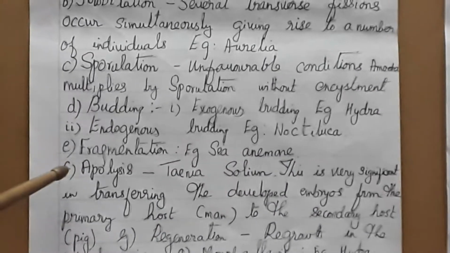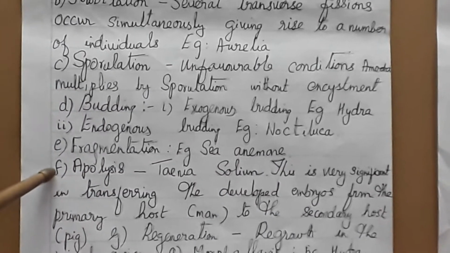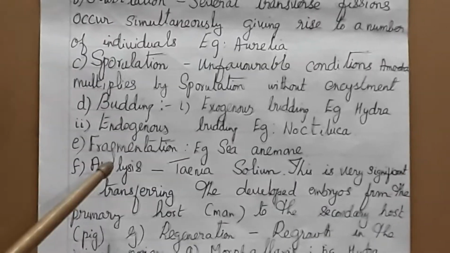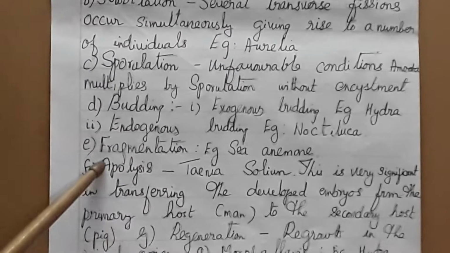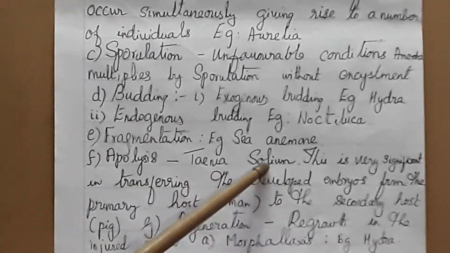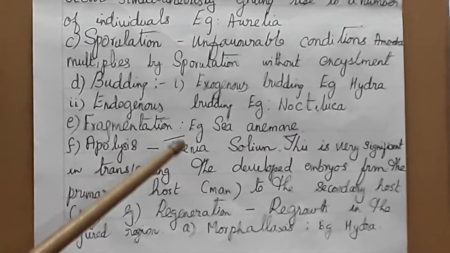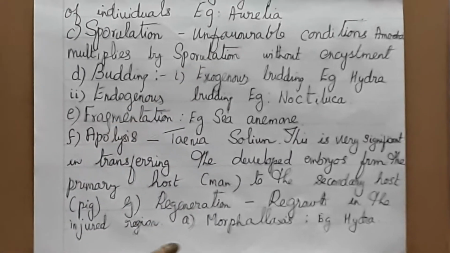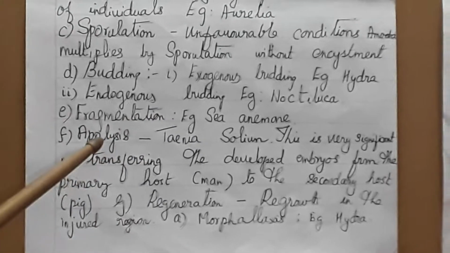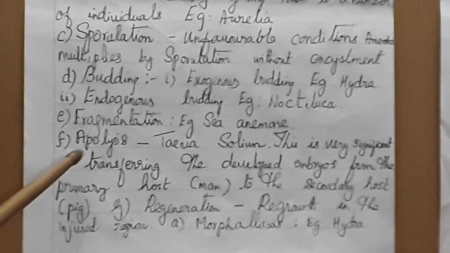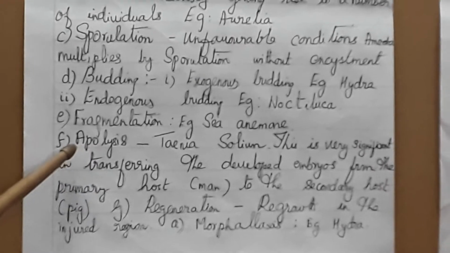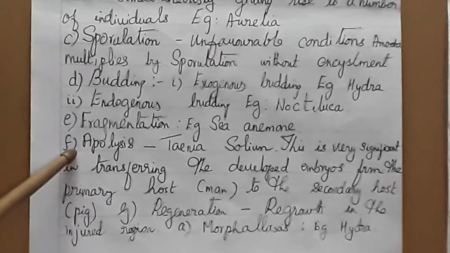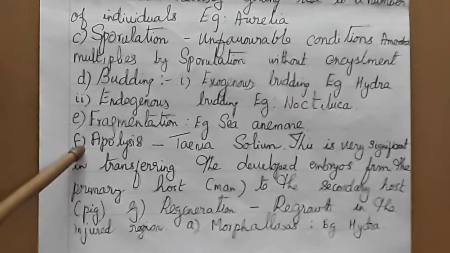The next type of reproduction is apolysis. Apolysis takes place in Taenia solium, the tapeworm. The tapeworm has a head with segments. The segments are called proglottids, and each proglottid separates from the parent and develops into a separate individual.